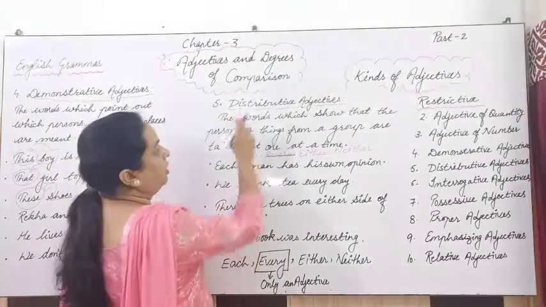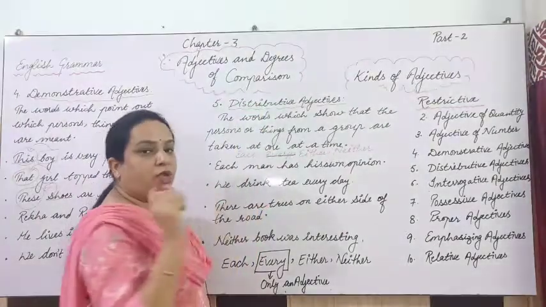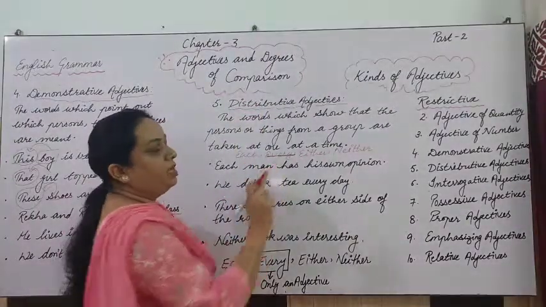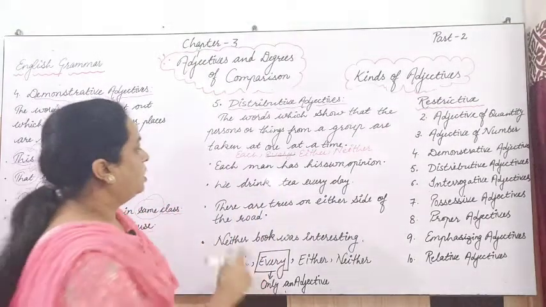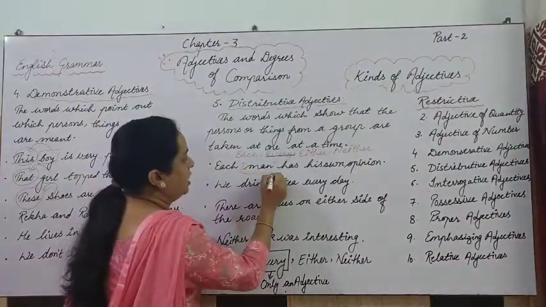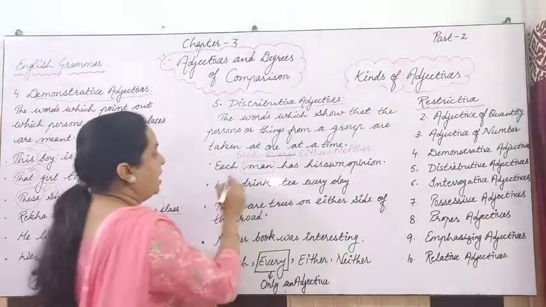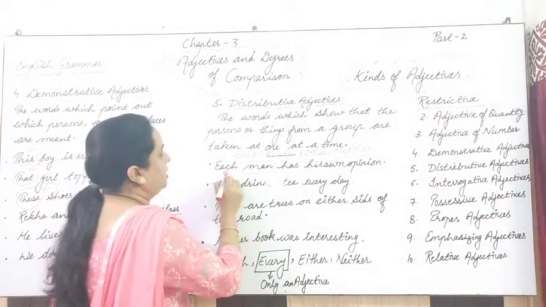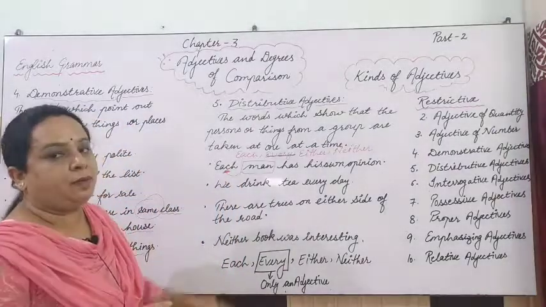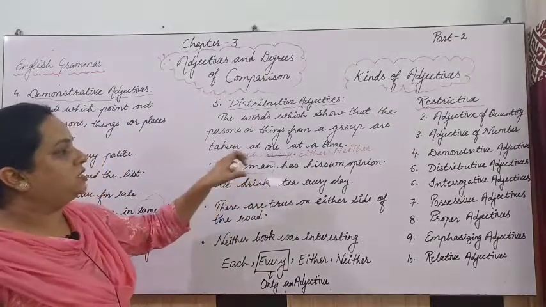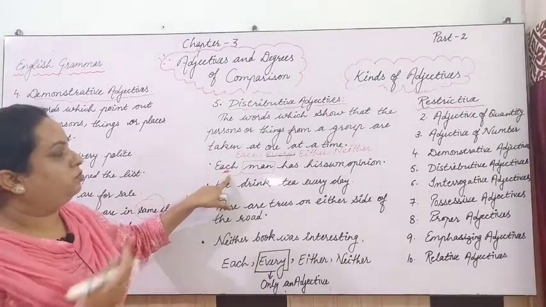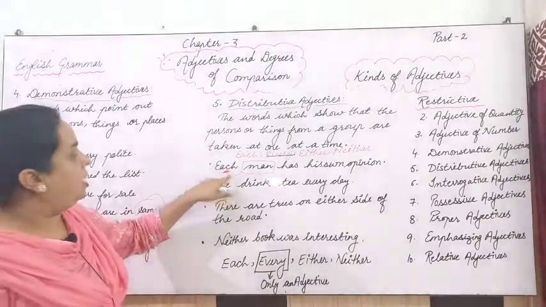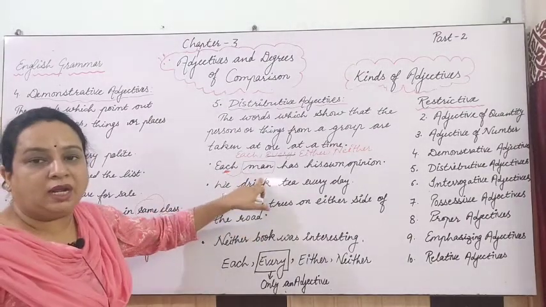When we have to find distributive adjectives, we know that each, every, either, and neither are distributive adjectives. So we have to see, man is the noun, and each is describing each man. This is telling about the person taken from a group one at a time.